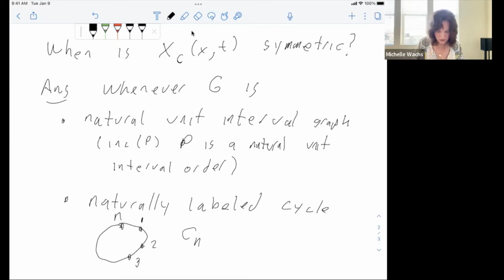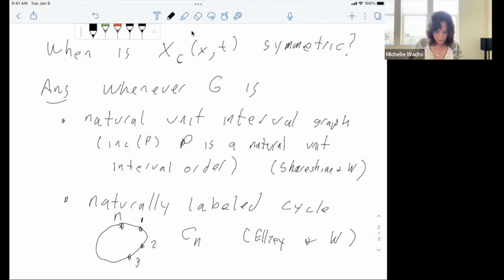This was shown to be symmetric by Shareshian and myself. And this was shown by my former student, Brittany Ellzey, and myself, that you get symmetric. And I don't know, maybe someone else does, but I don't know of any other examples in which you get a symmetric chromatic quasi-symmetric function.